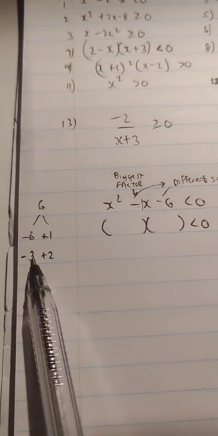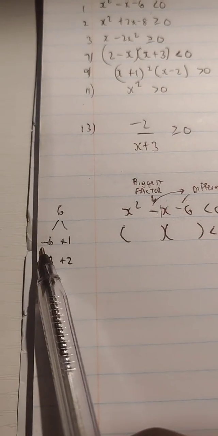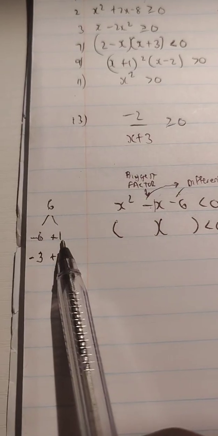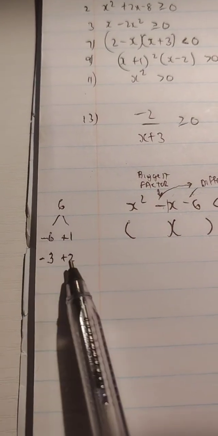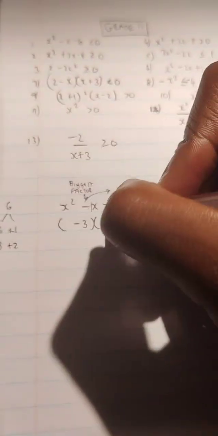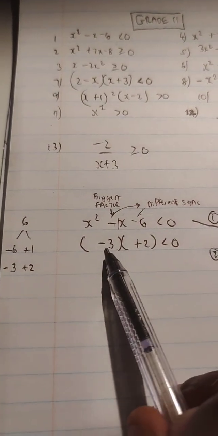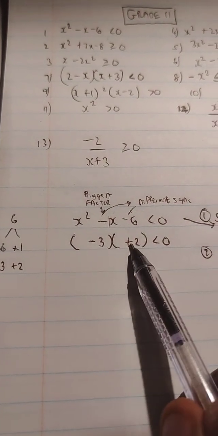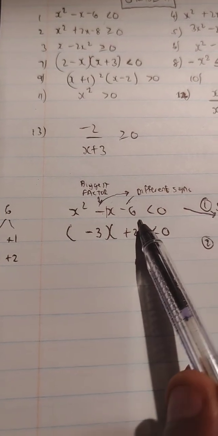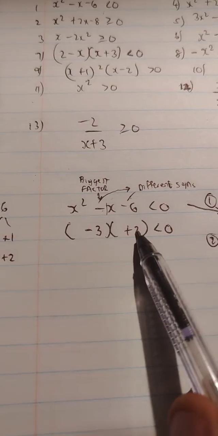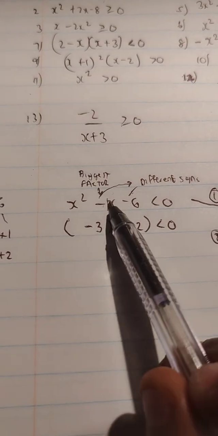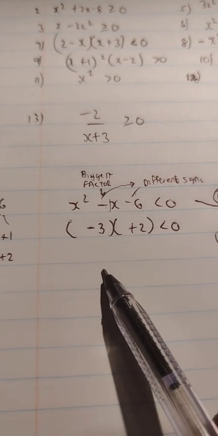So which factors will work? Is it negative 6 and positive 1, or negative 3 and positive 2? It is negative 3 and positive 2, because the multiplication gives us negative 6 and the addition gives us negative 1.